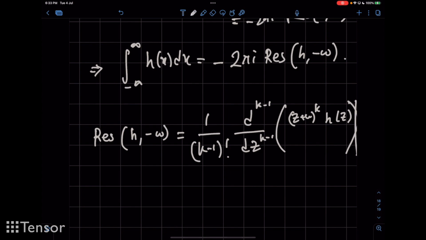So this evaluated at, how do I shift it to the left?